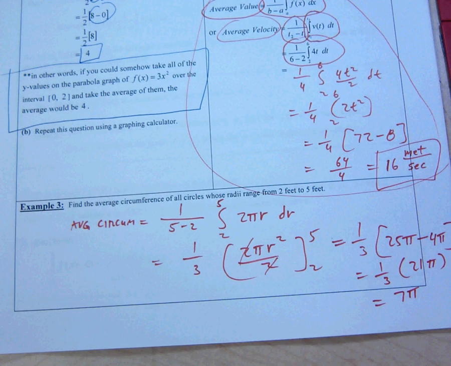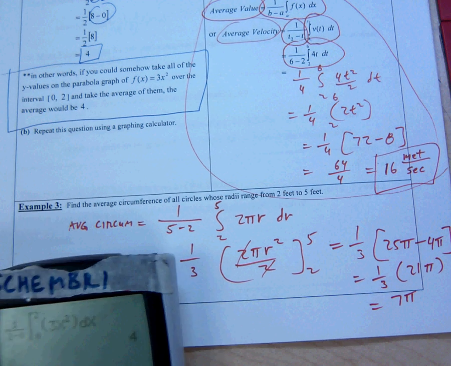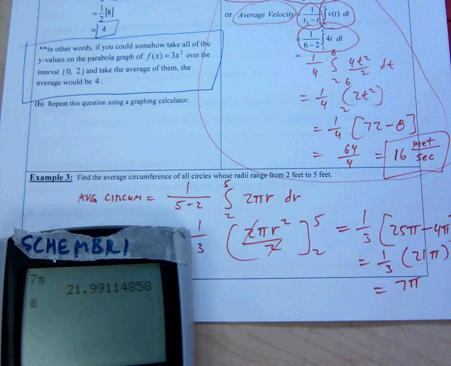And so if you want to make that more meaningful, you can get a decimal. 7 pi is about 21.991 feet. So that's 21.991 feet, the average circumference of such circles. Got it? Yes?